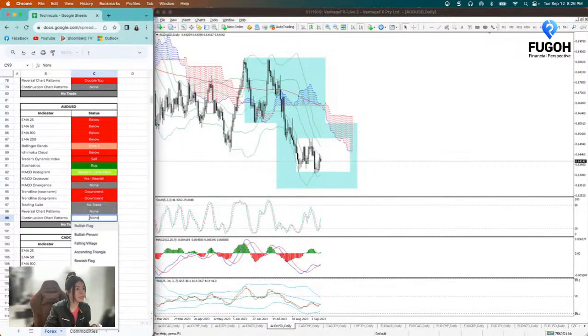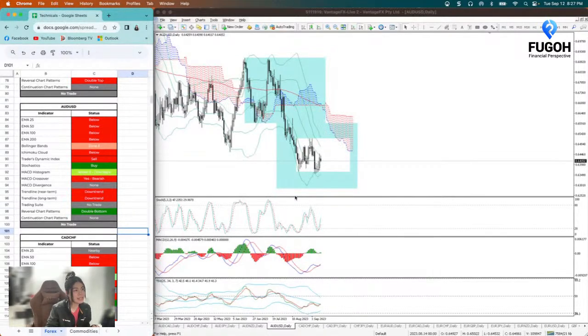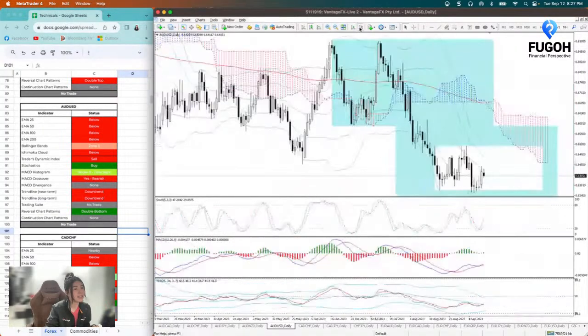Let's have here a double bottom formation. Here, double top, double bottom here. All right, so for now, the bias is still on the downside, but it's not our entry yet.